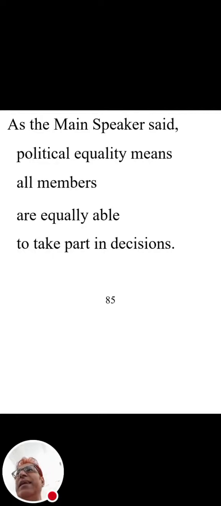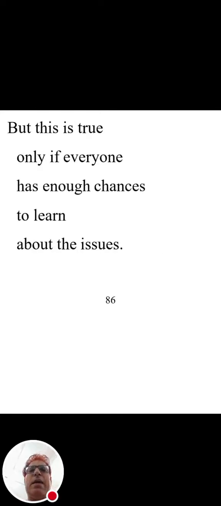As the main speaker said, political equality means all members are equally able to take part in decisions. But this is true only if everyone has enough chances to learn about the issues.